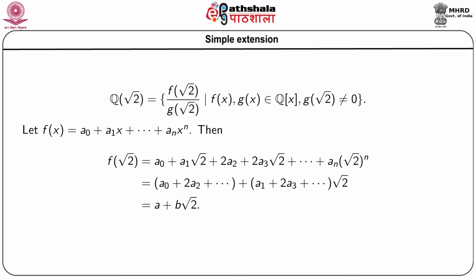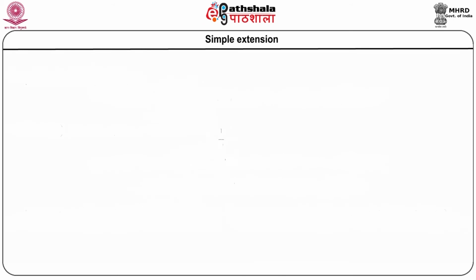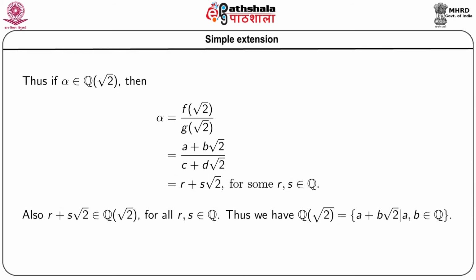If f(x) is a polynomial, say a0 plus a1x plus so on an x to the power n, then f(root 2) takes the form a plus b root 2. Hence, g(root 2) is also of the form c plus d root 2.